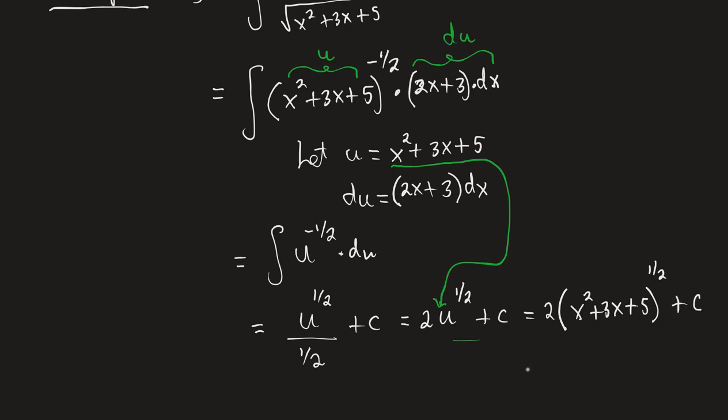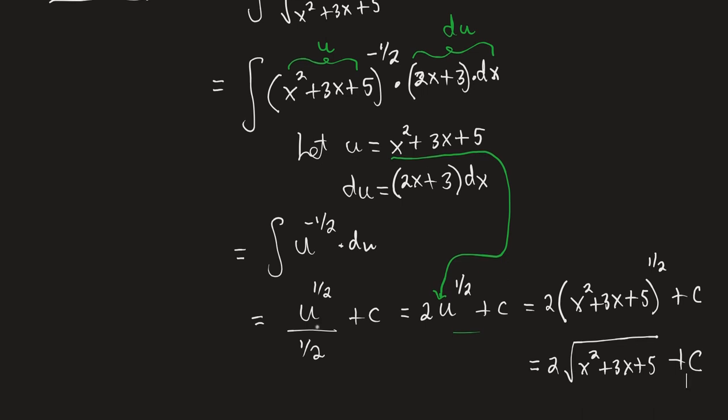And if we wanted to write our final answer like the original with the radical, we could do that. Just note that the 1/2 power is equivalent to the square root function. So it's 2 times the square root of x squared plus 3x plus 5, and then we have our constant of integration. So again, that was a straightforward application where we didn't have to do anything to modify it.